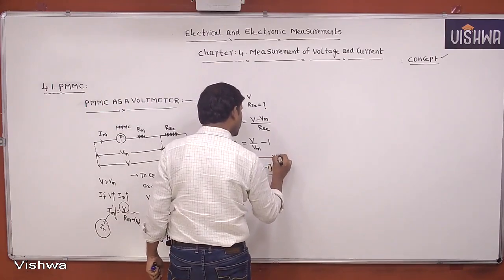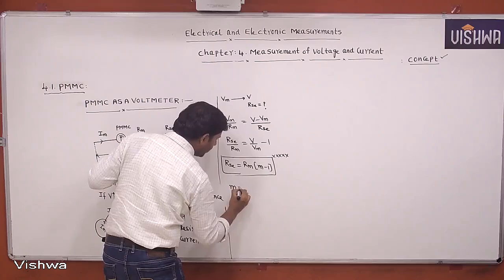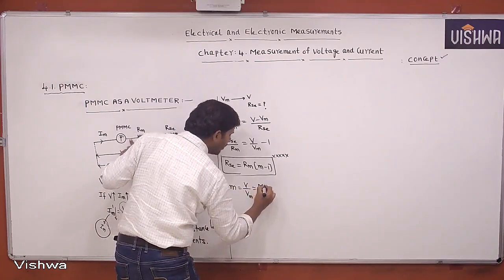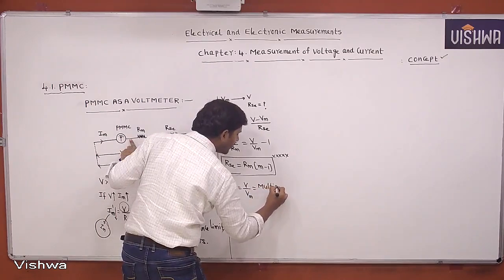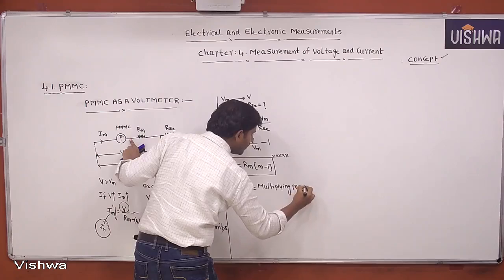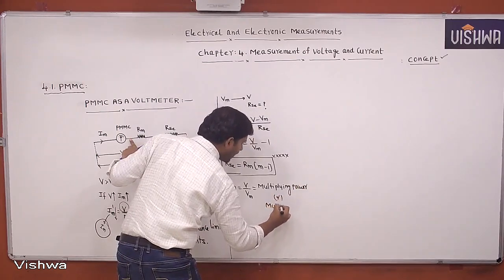This is important. Here m equals V by Vm. This is called the multiplying power or multiplying factor.